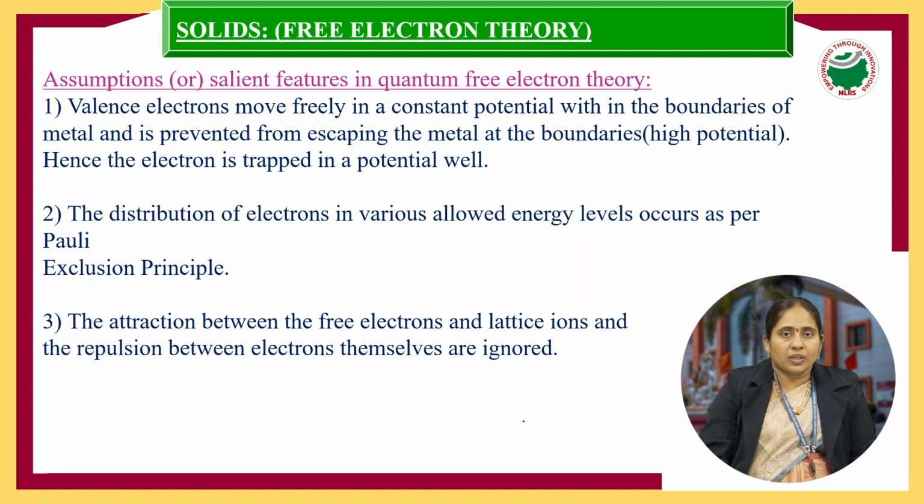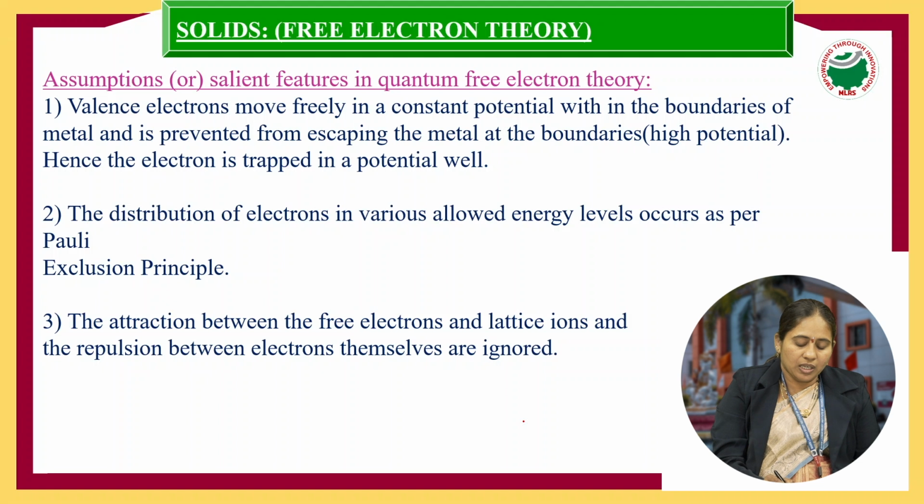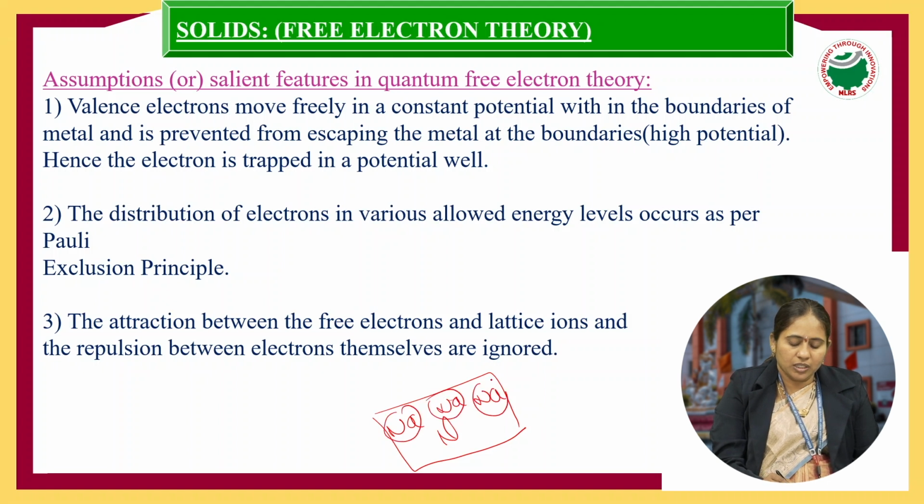Both the classical free electron theory and the quantum free electron theory explained only the properties of metals, but not semiconductors and insulators. So if you take any metal, that is copper, iron, whatever metal you can take, that metal consists of valence electrons in an atom. Suppose sodium is a metal. Sodium is composed of sodium ions or sodium lattices.